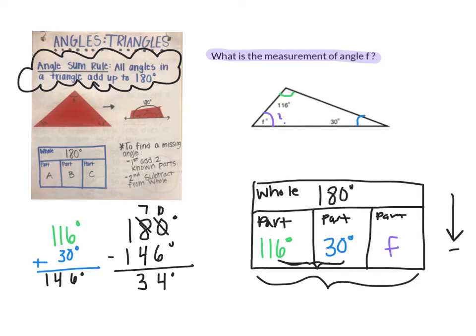So now we've got 34 degrees, and that's our missing part. So F is equal to 34 degrees, and we could fill this in over here too.